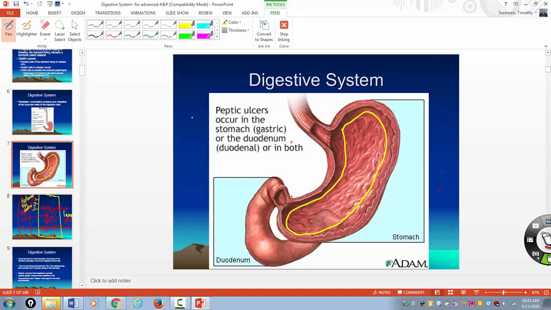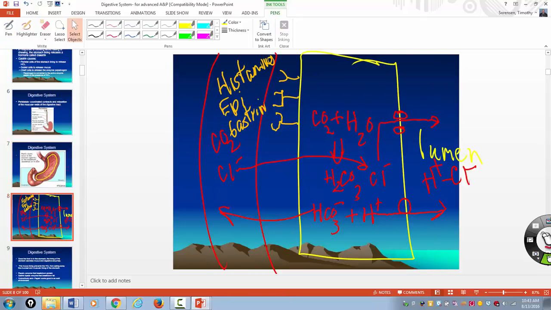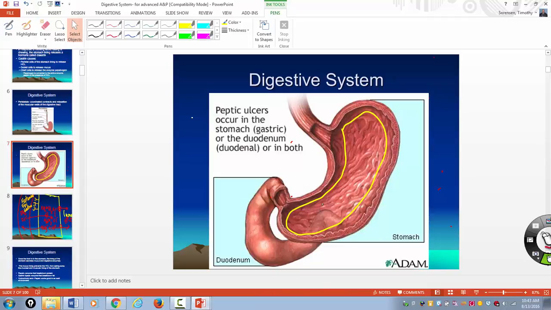Then gastrin is going to stimulate parietal cells to begin the production of hydrochloric acid. And it's also going to stimulate the release of pepsinogen, which will then be converted to the active form of the enzyme pepsin, which will help digest protein. So the primary nutrient that's digested in the stomach is protein.